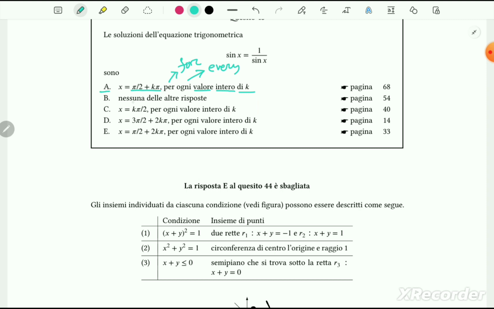Other options are nessuna, meaning no value, x equal to k pi by 2, x equal to 3 pi by 2 plus 2k pi. Anyway, we'll find out the answer.